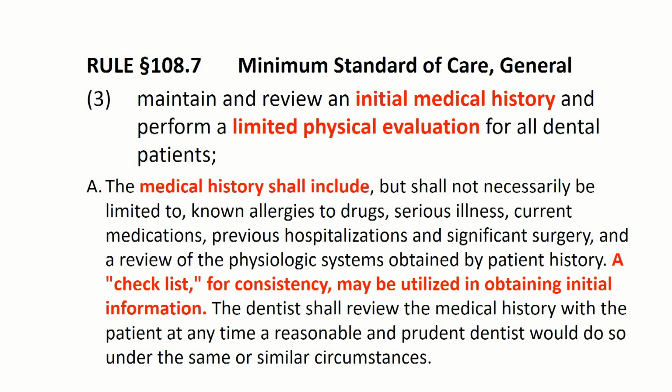A checklist for consistency may be utilized in obtaining initial information. The dentist shall review the medical history with the patient at any time a reasonable and prudent dentist would do so under the same or similar circumstances.